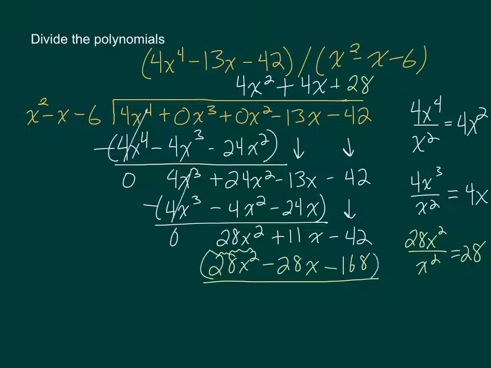And when we subtract these things, 28x squared minus 28x squared is 0. 11x minus a negative 28x, that's addition. That'll leave us with 39x. And negative 42 plus 168 will leave you with 126. So this is our remainder.